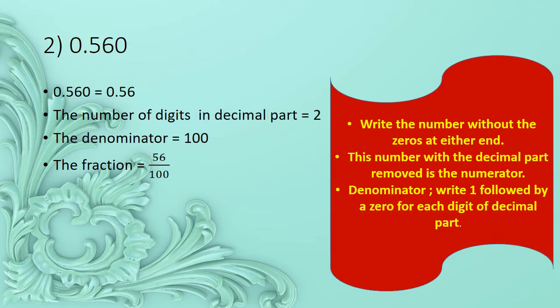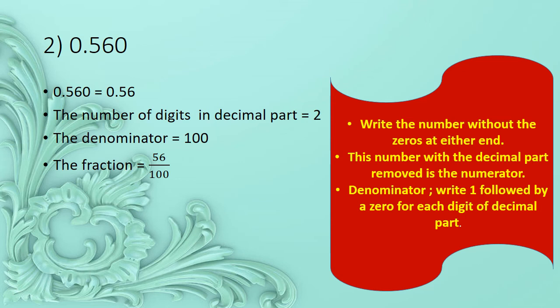Now take one more example, 0.560. What we are going to do first is write the number without the zeros at either end. So now we have 0.56.